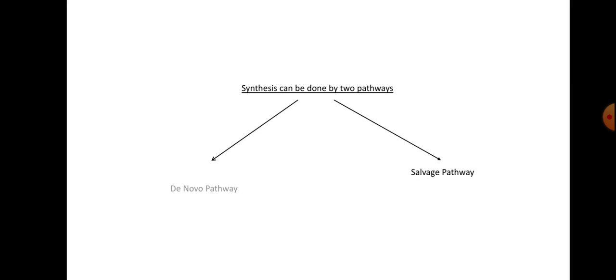Okay, so let's go back to the topic. Pyrimidine synthesis. Pyrimidine synthesis can be done by 2 pathways, salvage and de novo pathway, right?